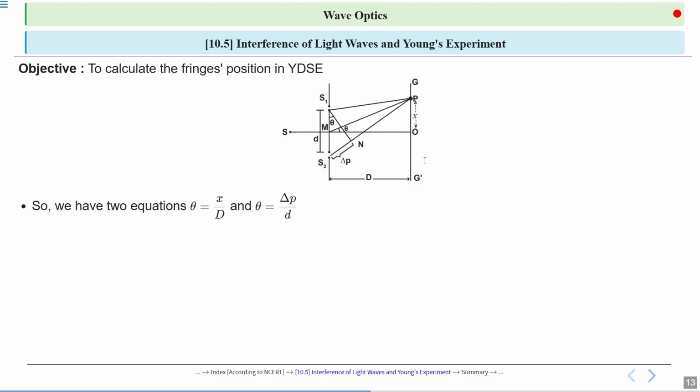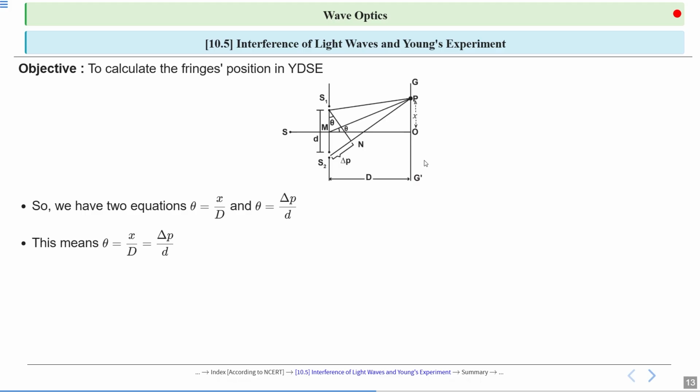X is the fringe position on the screen. Capital D is the distance from the slits to the screen. Delta P is the path difference. Small d is the distance between the slits.